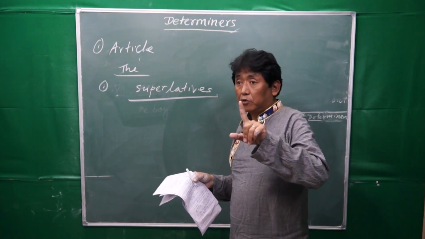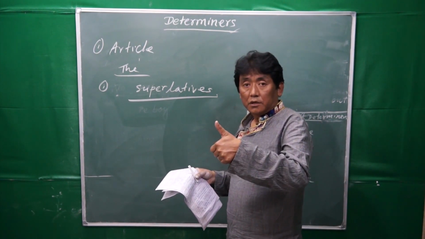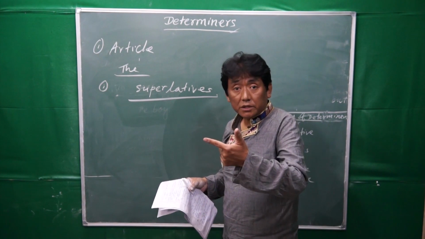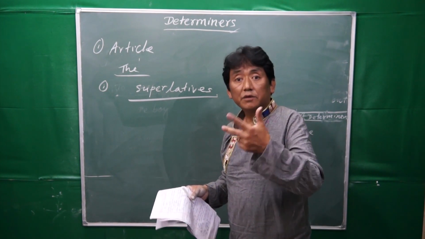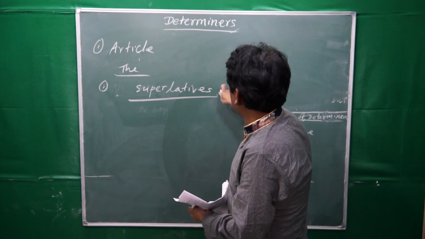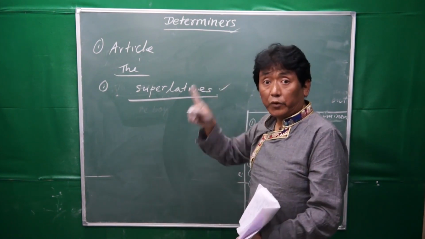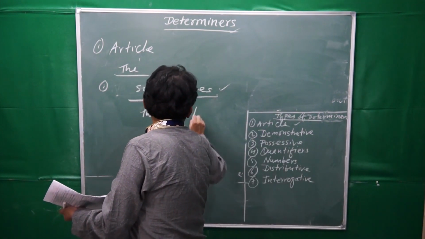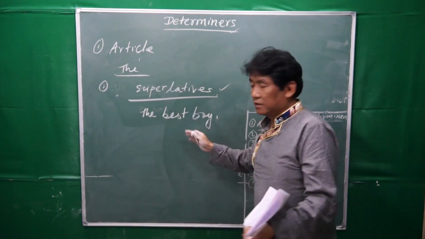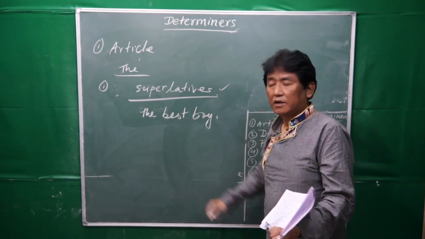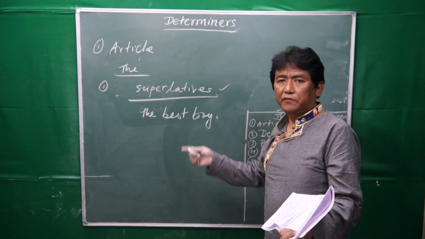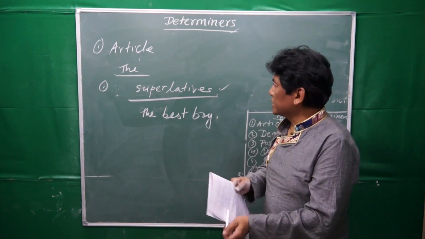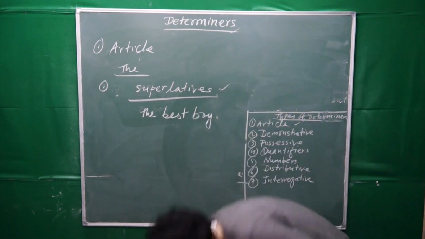Supposing if I say that boy is good, that is positive, right? The boy is better, that is comparative. And when we say the boy is the best, that is superlative. And when we write superlative, we have to write the in front of it. The best boy. Superlatives like best. And sometimes we may have the most beautiful person. The most beautiful. Okay, that is what the second rule about article is.